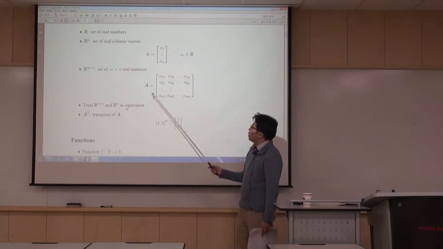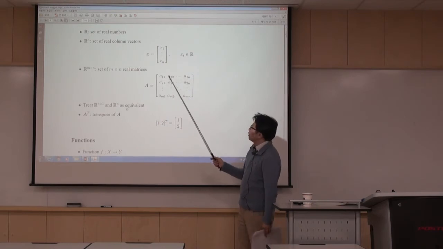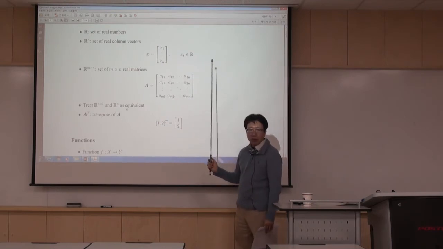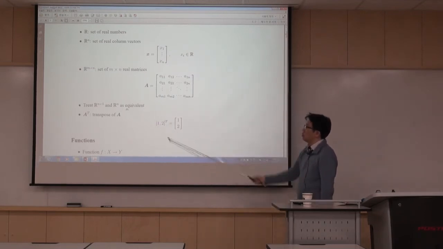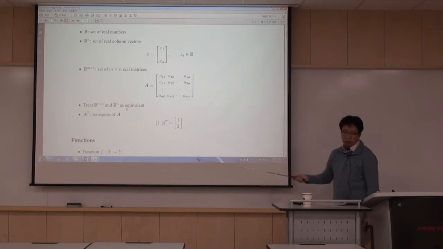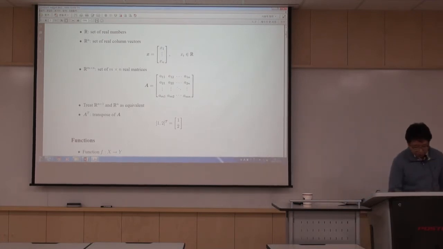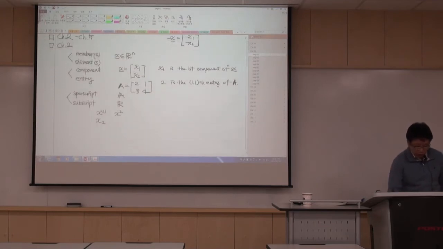So you swap the ij-th entry with the ji-th entry. So the transposition of a row vector is a column vector. By the way, I want to emphasize this one. In MATLAB, you should be careful in using ordinary transposition and Hermitian transposition.